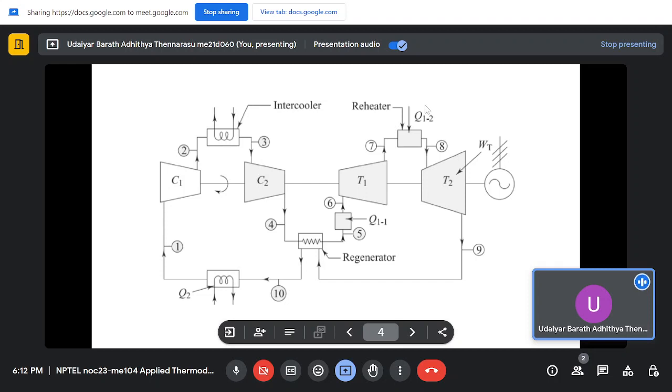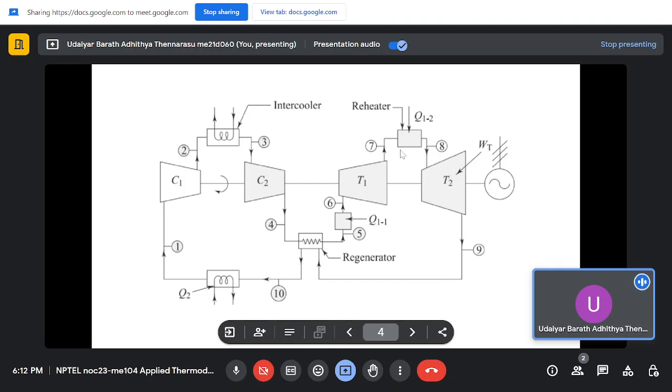Now with the reheater you are adding some energy to the fluid, so the enthalpy goes from H7 to H8, which is higher than H7 because you are heating it. Now your work output in turbine 2 will be H8 minus H9, which is greater than H7 minus H9 without reheat. So using reheat, you are getting more work output.